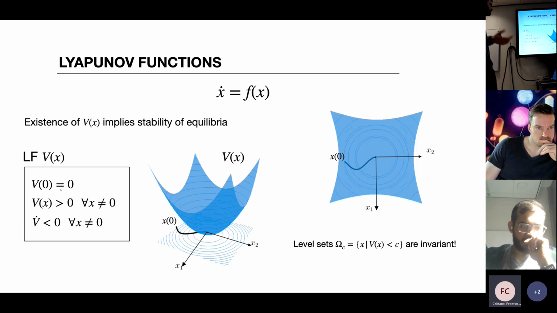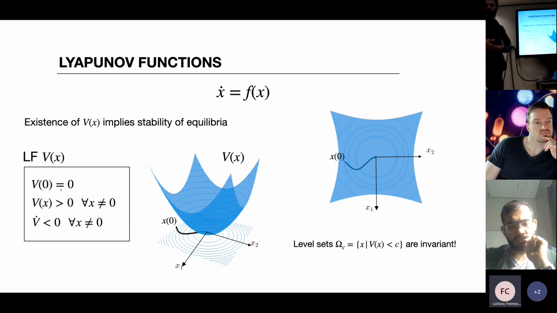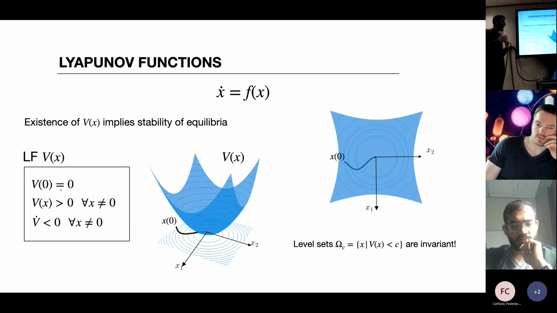Now we know for sure that if we design a Lyapunov function like this one, which I represent with this paraboloid, centered at the equilibrium, without loss of generality I call it zero, say the equilibrium is zero, then it has this property: the minimum is at the equilibrium.